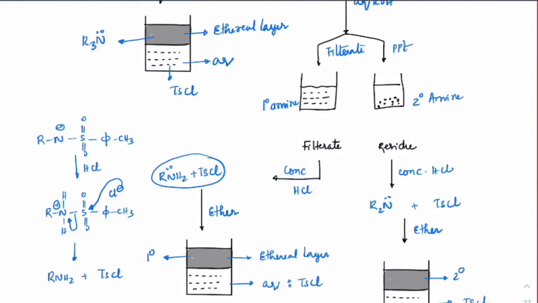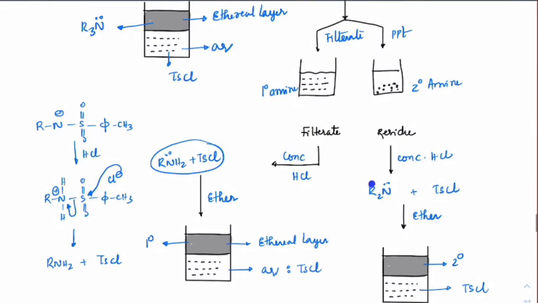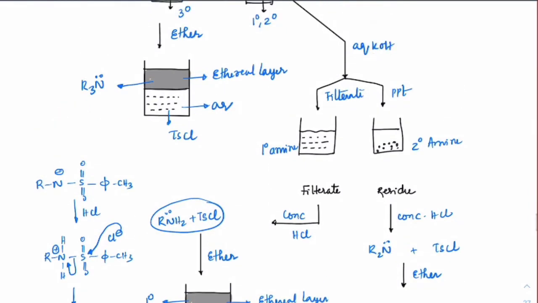So adding concentrated HCl, these two will be separated out. Here you don't have to add anything actually, just concentrated HCl and you'll get this. And again add ether so that slowly primary amine will come into the ethereal layer and the aqueous layer will have TsCl. For secondary, since there is no reaction with aqueous KOH, you just add some concentrated HCl.